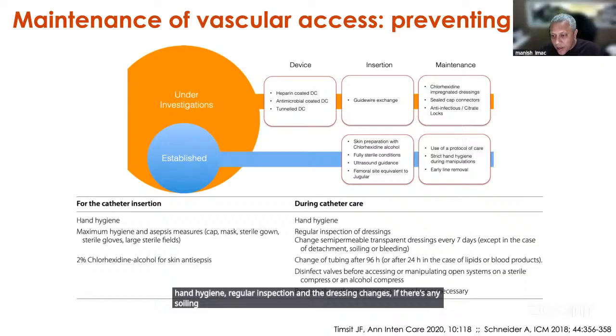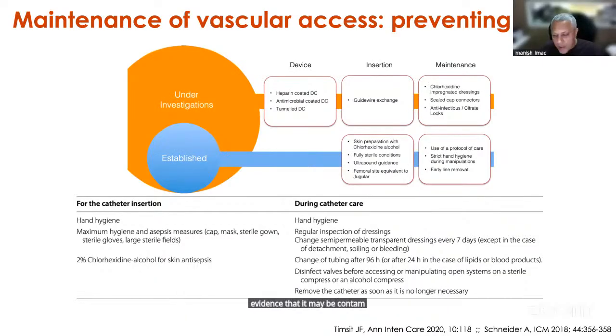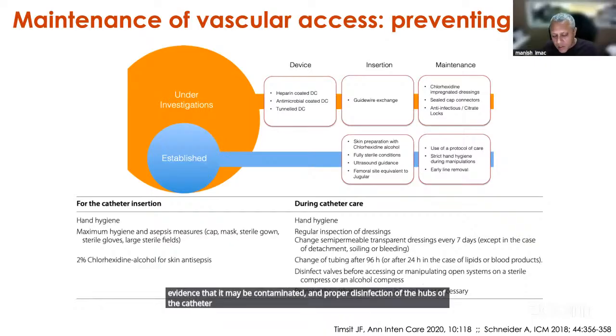Change it immediately if there's any soiling or any evidence that it may be contaminated, and properly disinfect the hubs and the lumen locks of the catheter before making any connection of the CRRT tubing to the catheters.